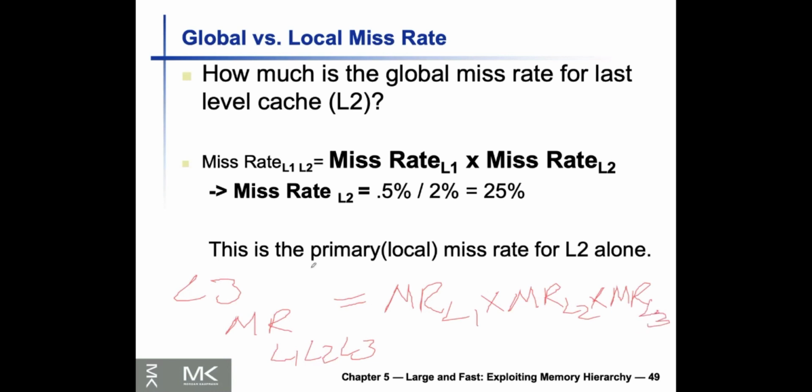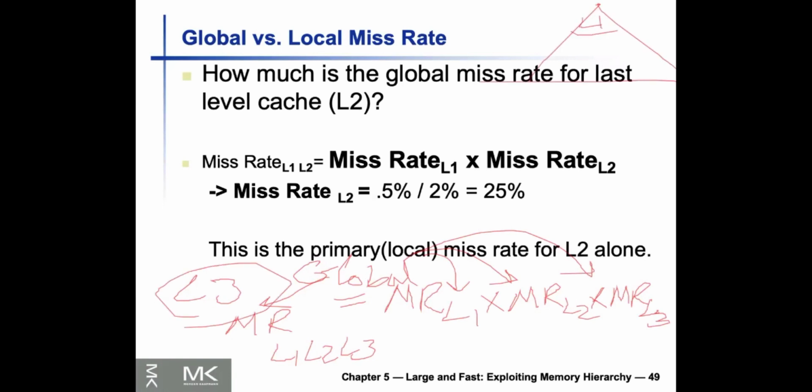That would be the global miss rate. The local one is for each of them itself. Global is the overall miss rate of the whole hierarchy: your L1, your L2, and perhaps your L3 goes to memory. You don't care how many levels you have; globally, this system fails like 1.2% of the time.